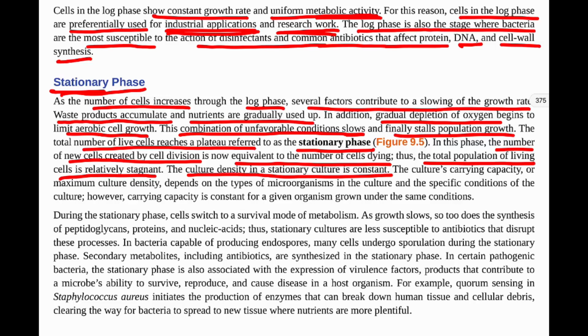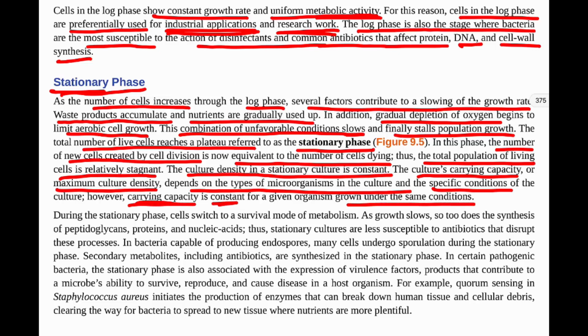So the culture's carrying capacity, or maximum culture density, depends on the types of microorganisms in the culture and the specific conditions of the culture. However, the carrying capacity is constant for a given organism grown under the same conditions. So what we see is, again, we know these things for certain organisms. We've studied them. We know that once they get to a certain point, they've used up their nutrients. They've got a lot of waste.